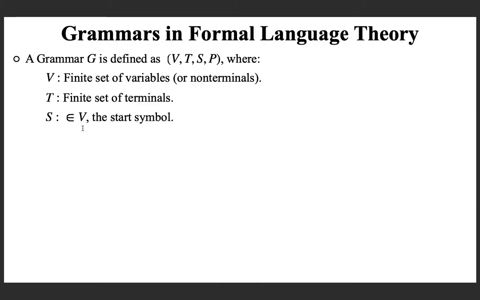S is a variable called the start symbol of the grammar. These three are the same for all classes of grammars. And finally, P is the finite set of productions or rewrite rules. The classes of grammars differ in the structure of productions they use.